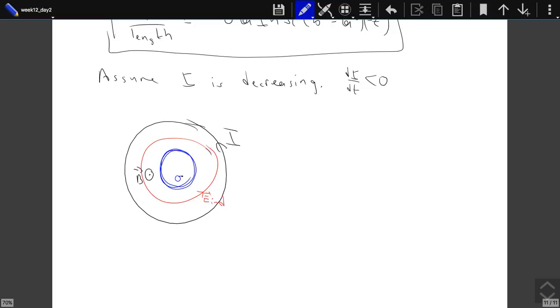So it will acquire an angular momentum in the same direction. So what's wrong? Or is something wrong? Anyway, that is for you to think.